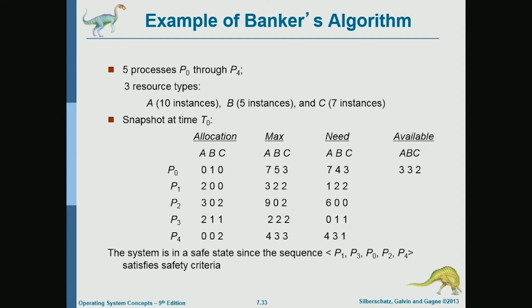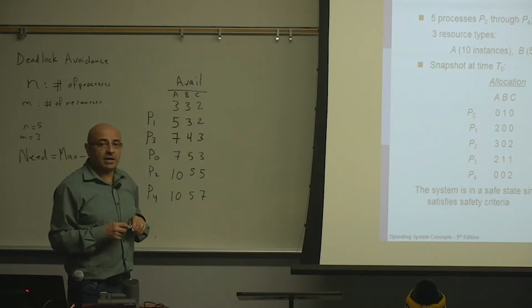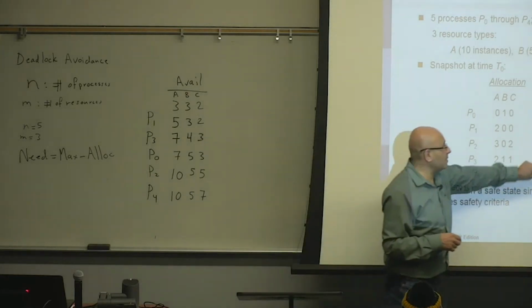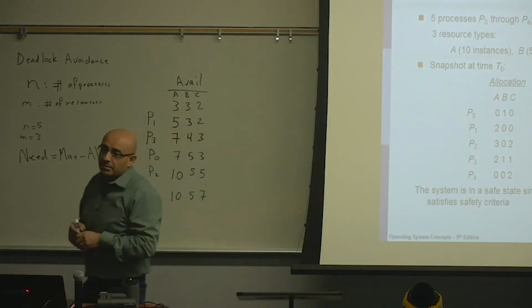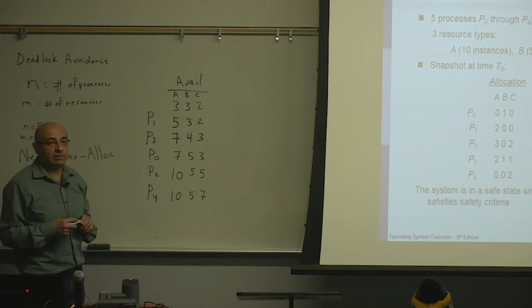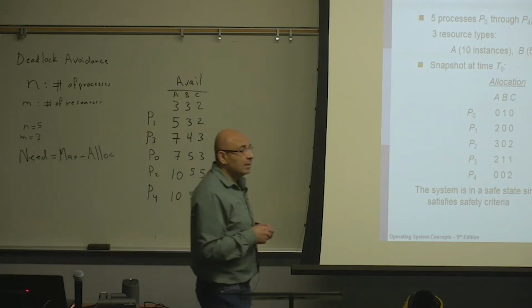If a process requests more than the maximum, then all of our analysis will not make sense. Our analysis is done under the assumption that we know the maximum needs, and the maximum needs are correct. If they are incorrect, our analysis will be incorrect. Okay, any questions?